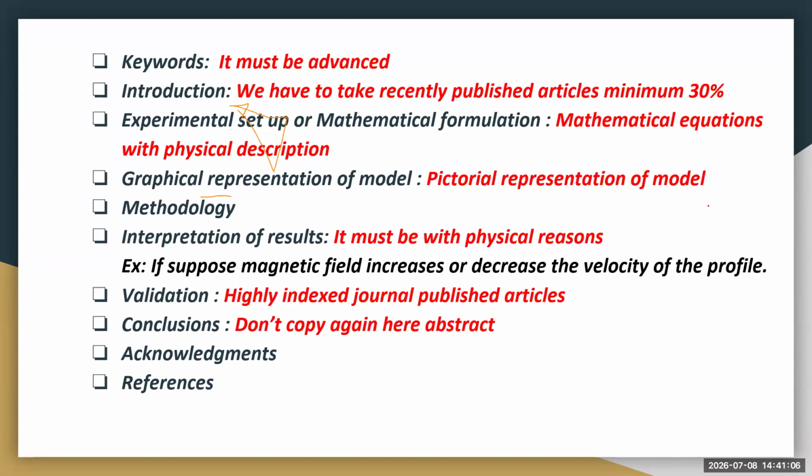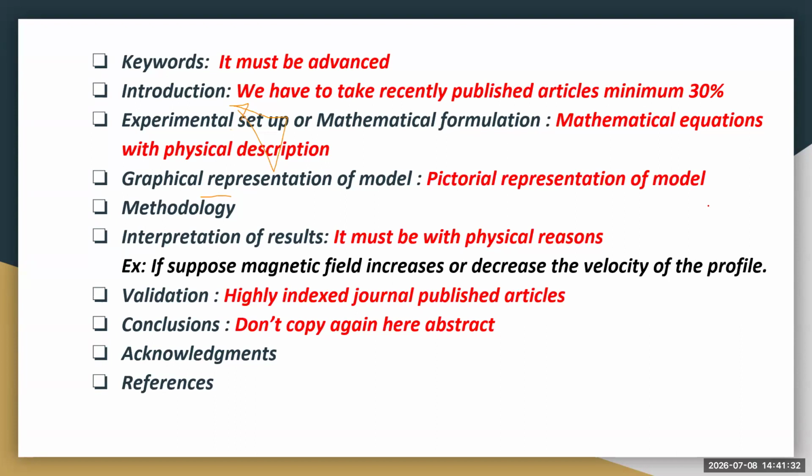They may say that you are doing the research simply for namesake. That is why maintain high standards while giving the mathematical equations. We have to give the physical description also, why you are considering and why you are neglecting, and what the reasons are. These things are very, very important while writing the experimental setup or mathematical formulation.